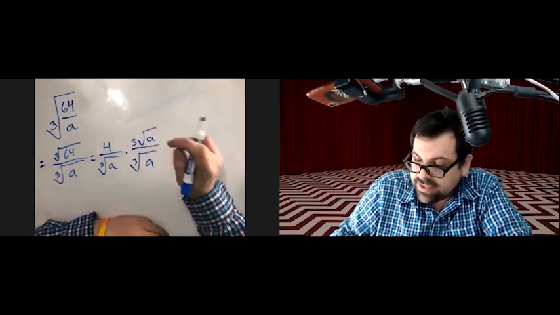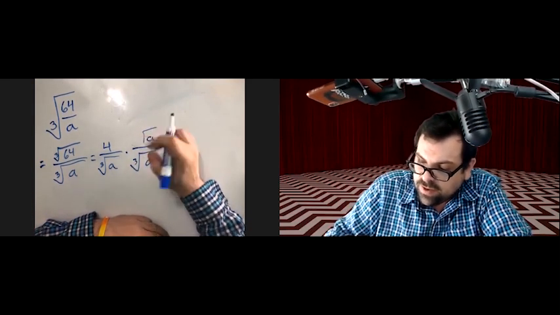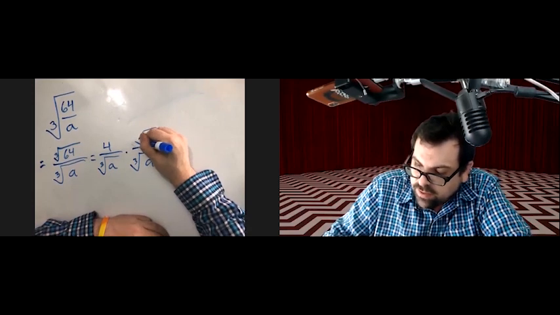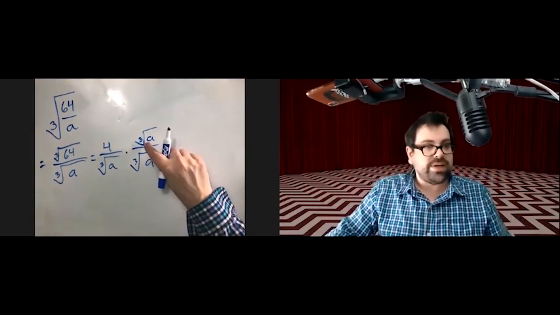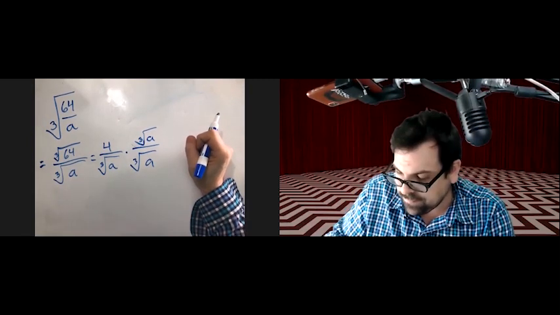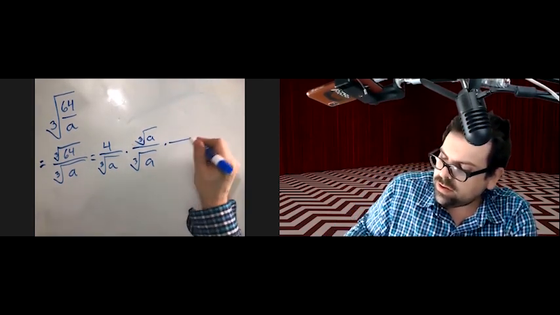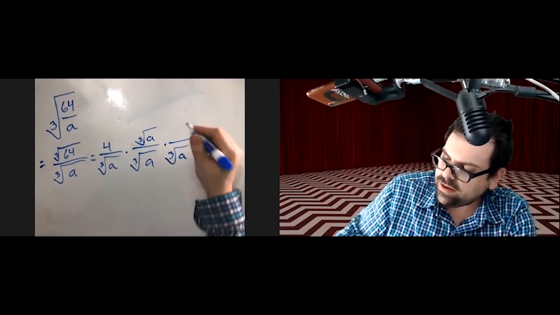Oh, that's a mistake. That is a 3 in the root's pocket, and I need to make sure the 3 is inside the little pocket. We would need yet another cube root of a.